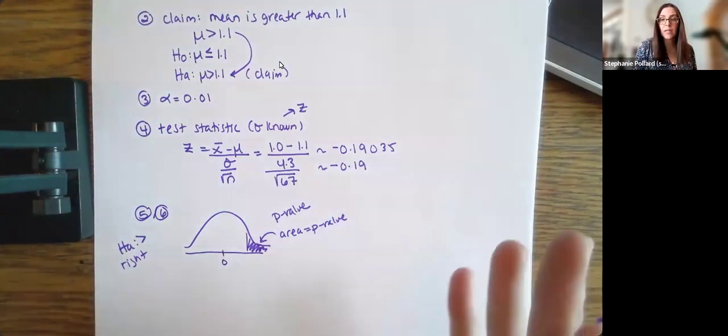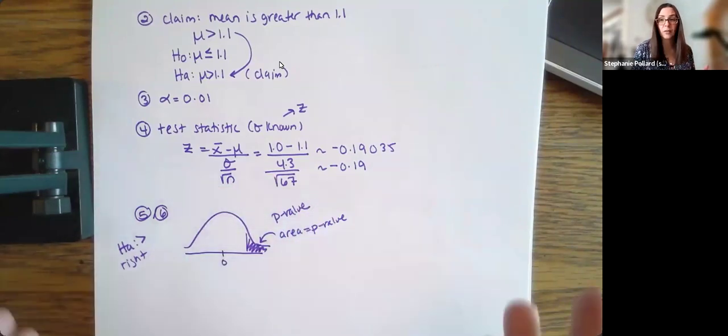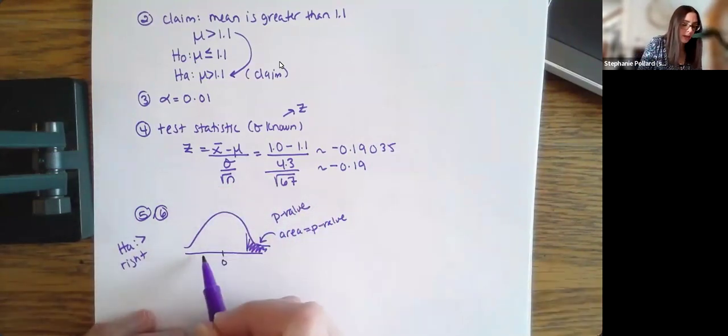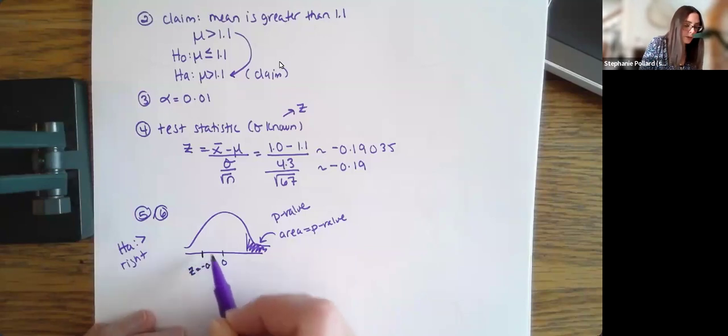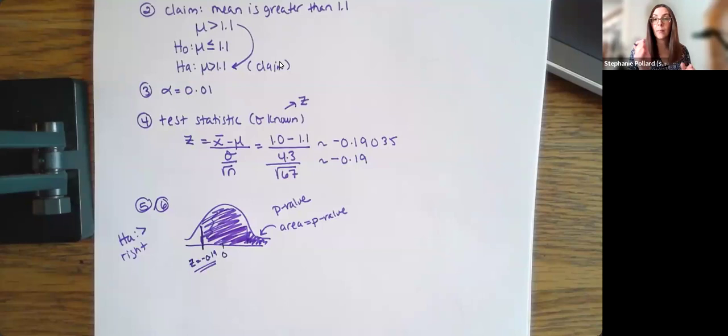It is a little unusual to have a negative when you're shading on the right side, but it's not unheard of. So actually our test statistic is somewhere over here. So when I'm shading on the right, I actually should be shading in a lot more of the area here, like this. But remember, for the p-value method, the boundary of the shading is your test statistic. So that's how that's going to work.